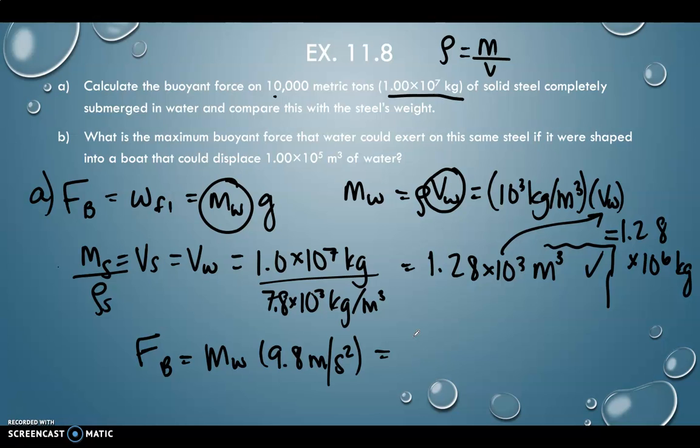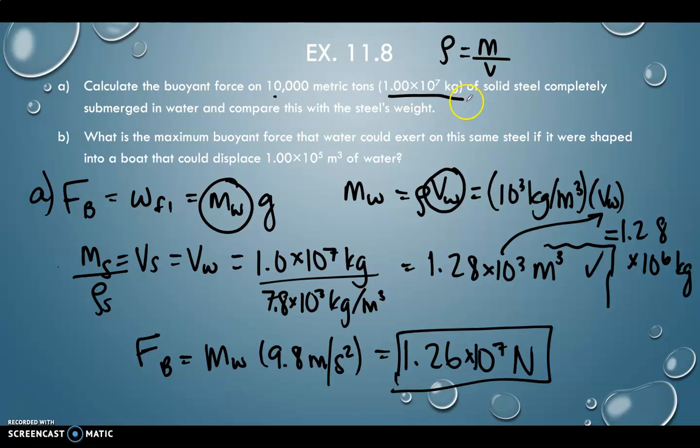So times 9.8, that gives us 1.26 times 10 to the 7th, and this is now in newtons. So this is our buoyant force.